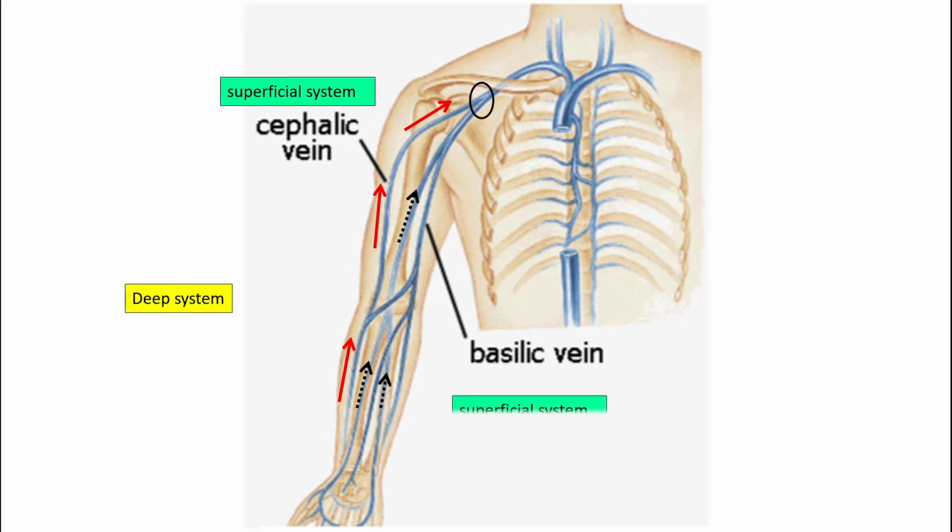On the medial side, we have the medial part of the superficial system, which is called the basilic vein. And this basilic vein, as it comes up on the medial side of the arm, is not going to join the axillary vein. It is going to join the brachial vein.